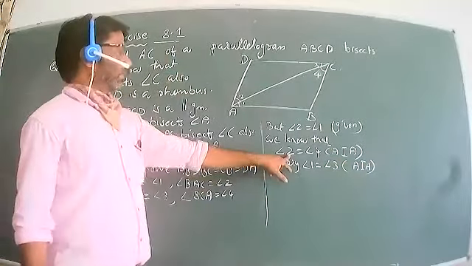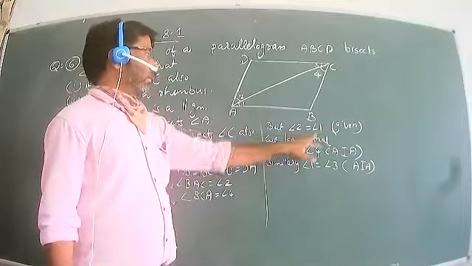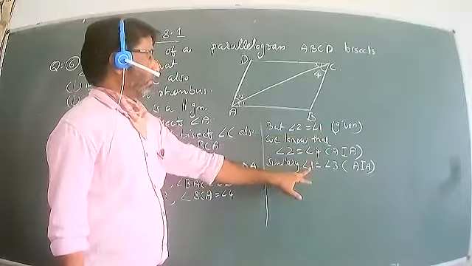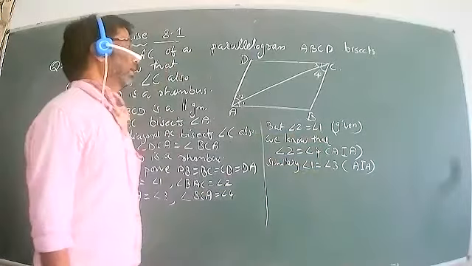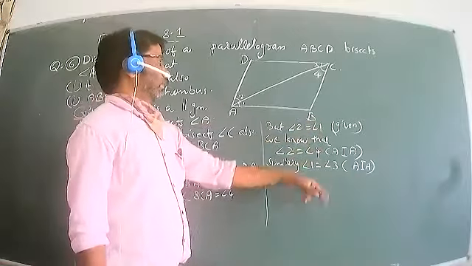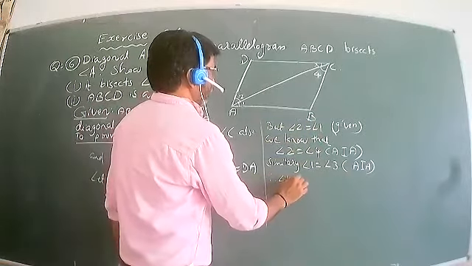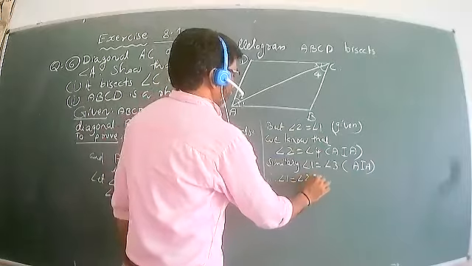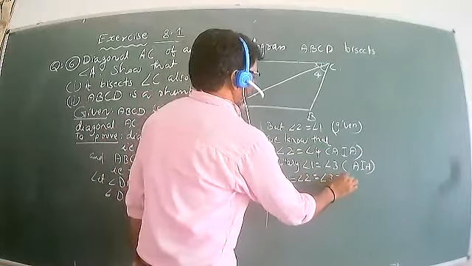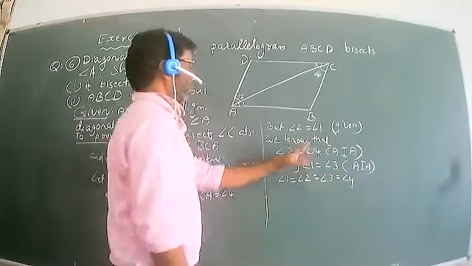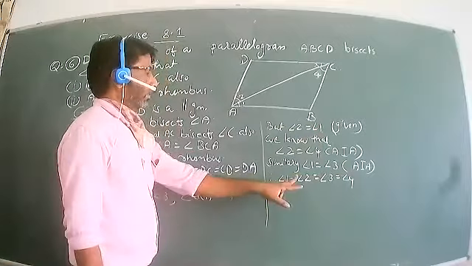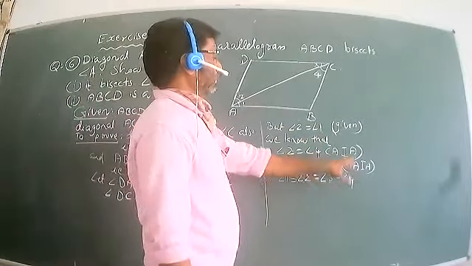So here what is written, angle 2 is equal to angle 1, angle 2 is equal to angle 4, angle 1 is equal to angle 3. So all these are equal. We know that angle 1 is equal to angle 2 is equal to angle 3 is equal to angle 4.